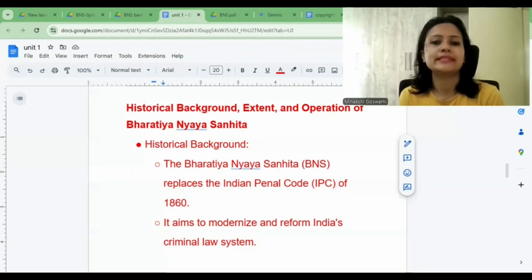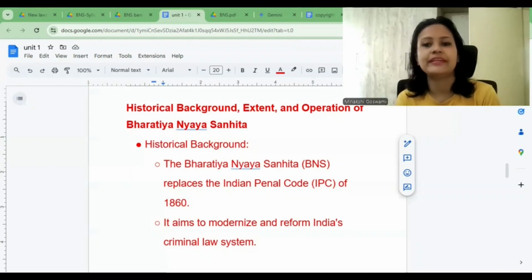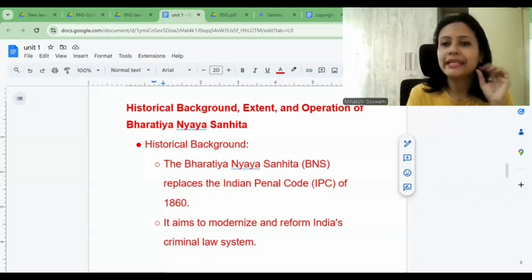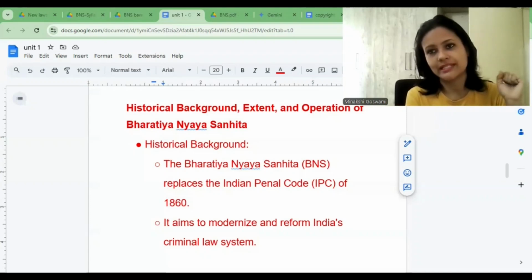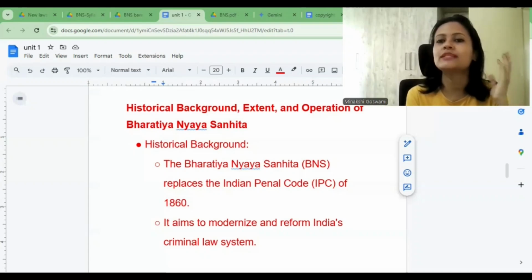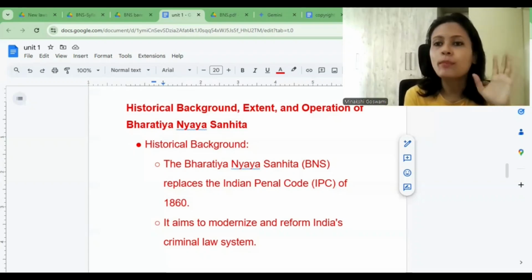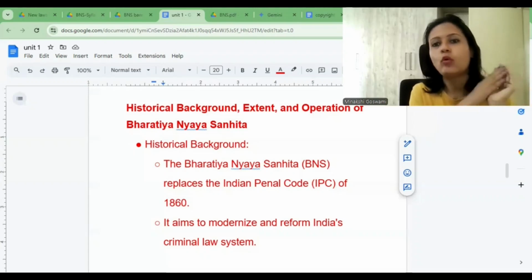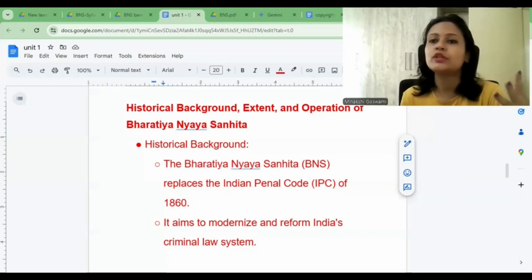So BNS represents a bold and comprehensive endeavor to modernize and reform India's criminal justice system. There was a need for reform in the Indian criminal legal system because this legislation was applicable for so many years. In 1860, it was drafted. And over the years, a lot of things have changed in the country.